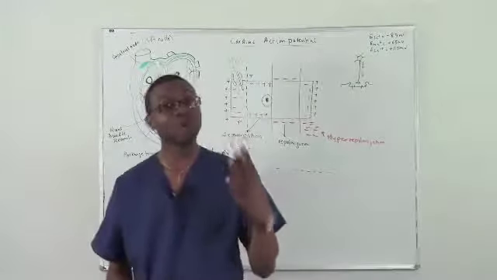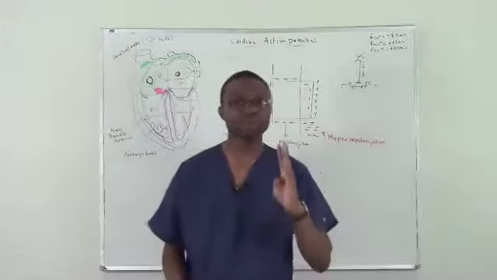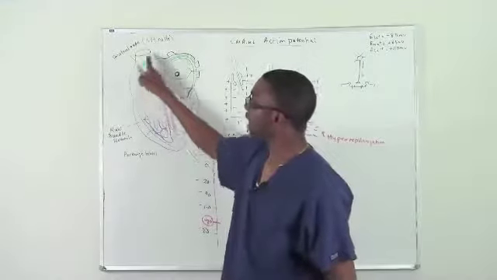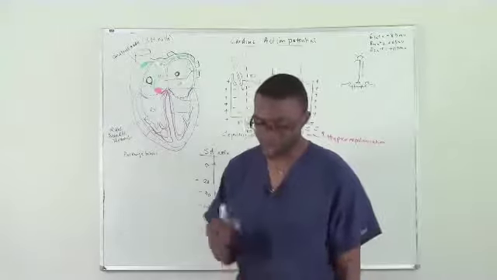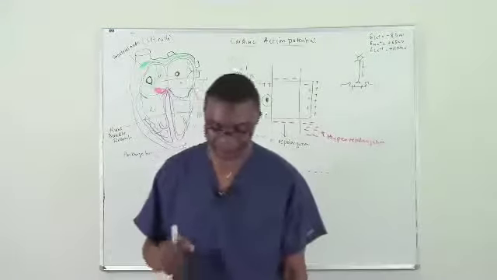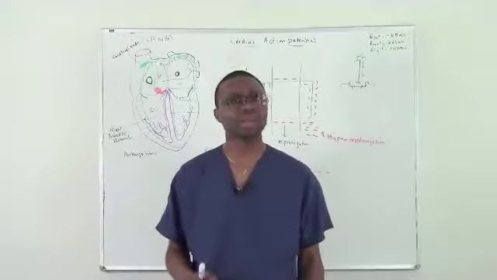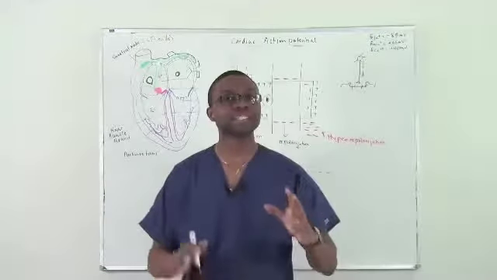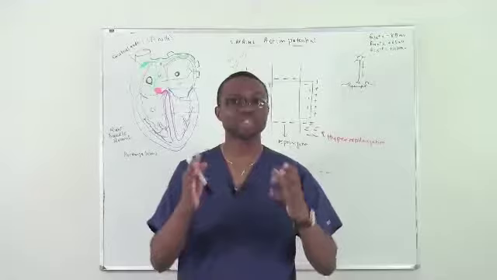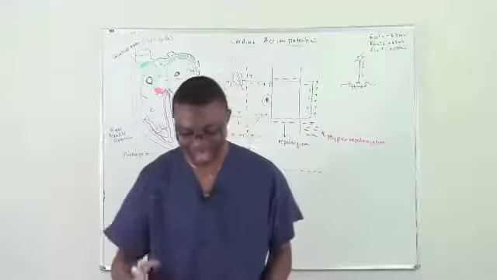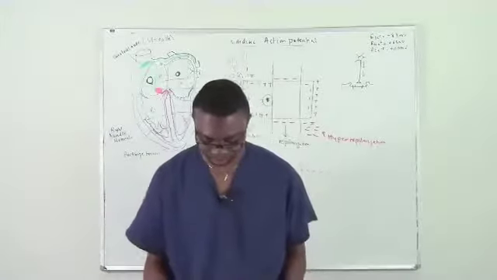Now, there are four phases involved in the action potential that occurs at the SA node. And we're going to go over it step by step. But before we move on, I want to remind you that it requires different ions. And these are the ions you want to commit to memory to be able to picture how the SA node actually works.